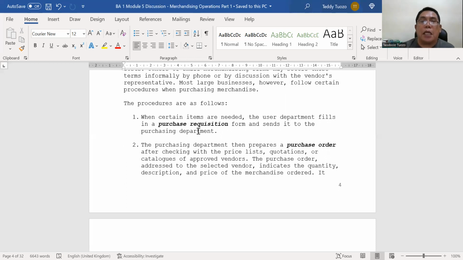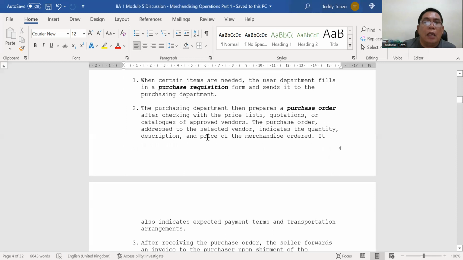When certain items are needed, the user department fills in a purchase requisition and then sends it to the purchasing department. The purchasing department then prepares purchase order forms. These are actually forms, after checking with the price list, quotations, or catalogs of approved vendors.